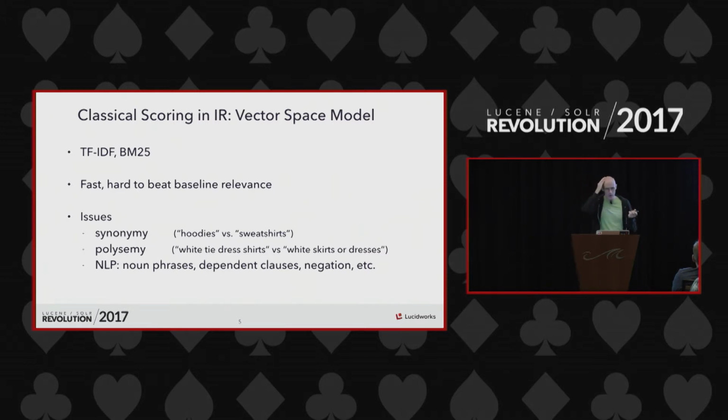But the issues with it are that it doesn't handle synonymy. It doesn't handle polysemy, which is sort of the reverse, where you have a term that actually has two different meanings. In fact, look at the two different queries there, white tie dress shirts versus white skirts or dresses.